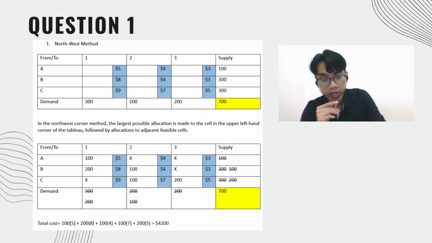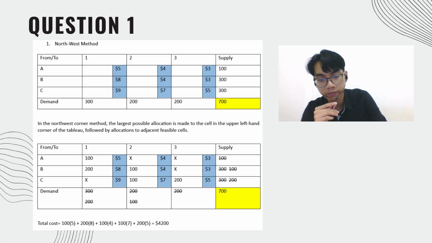The supply needed is 100, so we put it on A1. There is demand left, which is 200, on demand 1, so we put it on B1, 200. How much can it supply? It can supply 200.